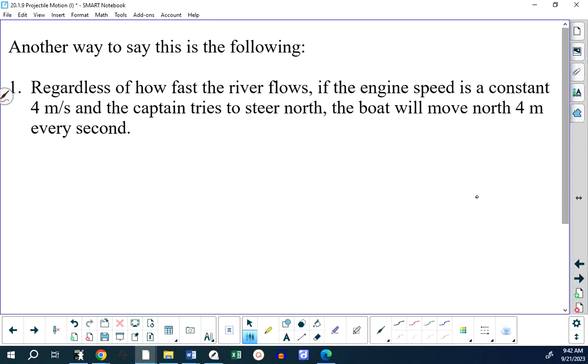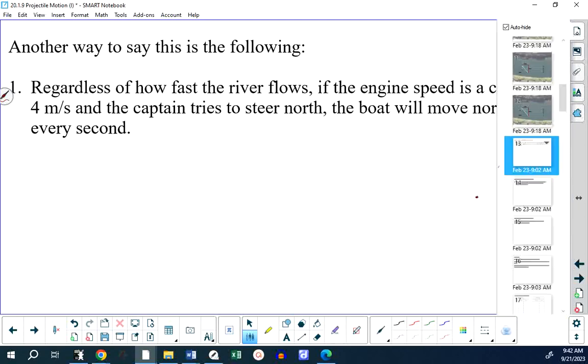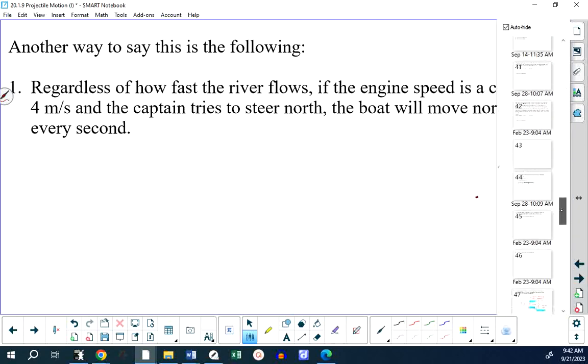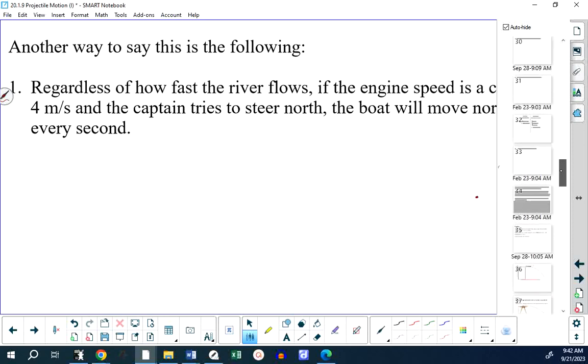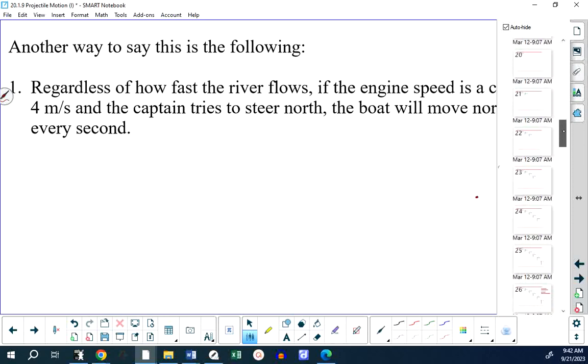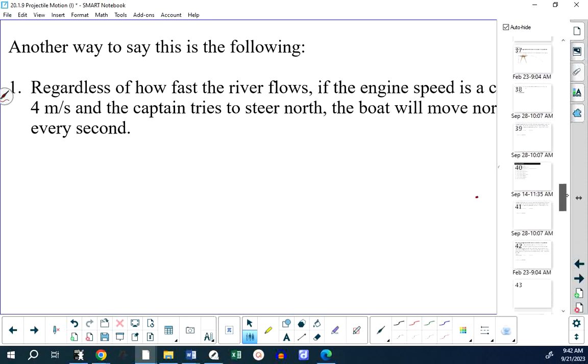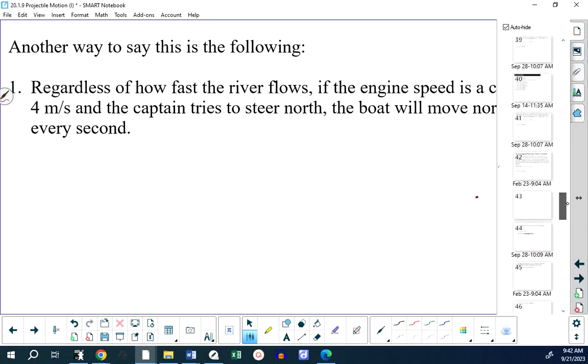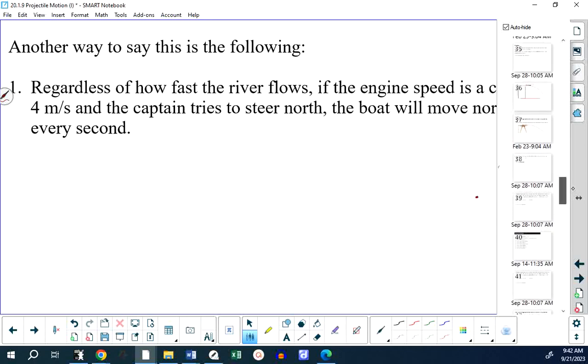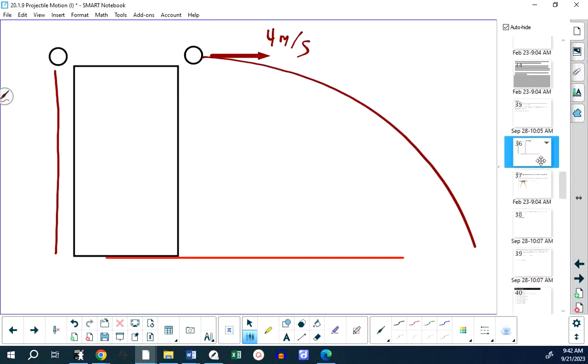So if what I've told you is true, it shouldn't matter that that's 4 meters per second or 40 meters per second.